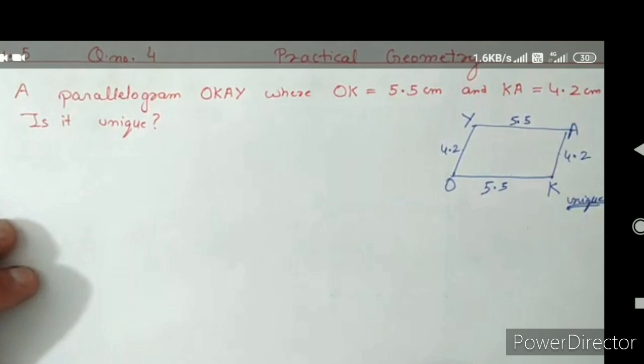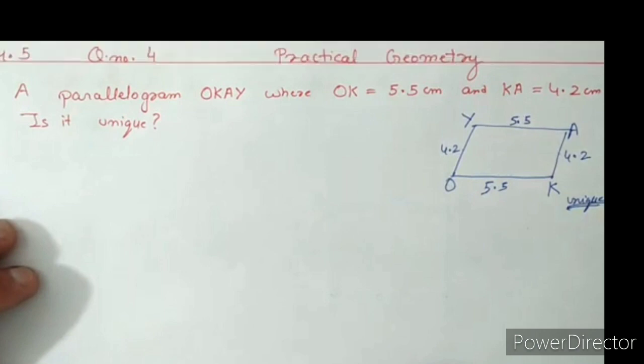Question 4: a parallelogram OKAY, where OK equals 5.5 centimeter and KA equals 4.2 centimeter. Is it unique? They are asking, is it unique? Yes, it is unique.